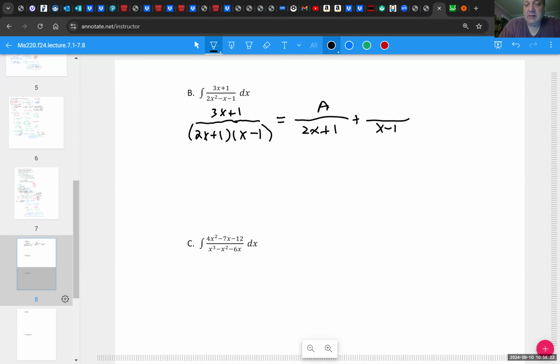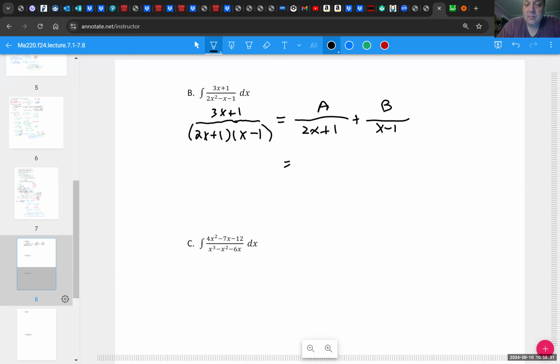I'll use some placeholders. You don't have to use a and b if you don't want to. It's just common for people to throw an a and b up there. And then what we're going to do is we're just going to combine these fractions together. So this would be a(x minus 1) plus b(2x plus 1) over the common denominator (2x plus 1)(x minus 1).